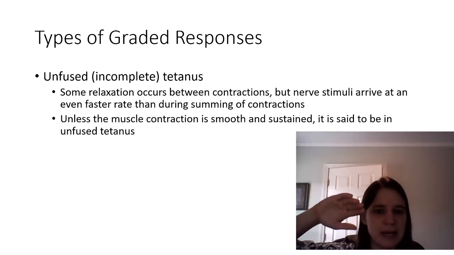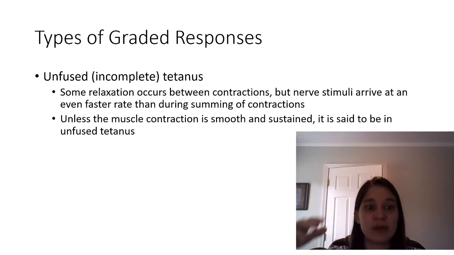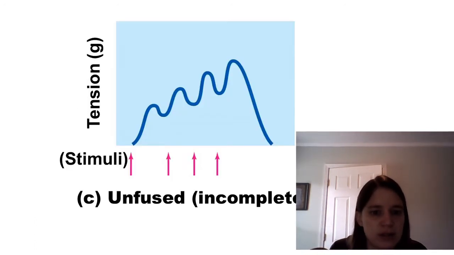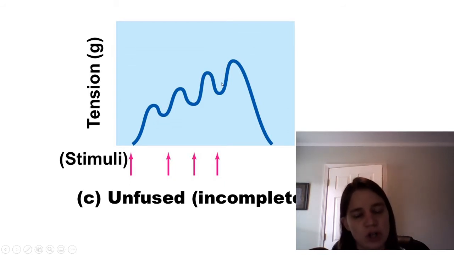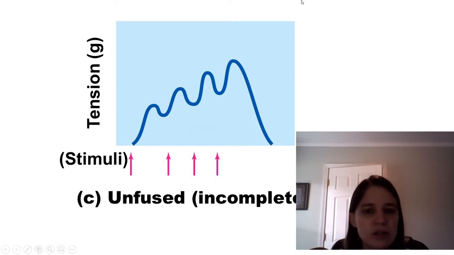They start to be greater than you'd expect otherwise, right? So here we've had a series of stimulating events. The motor neuron's been talking to the muscle, and the muscle now has this unfused tetanus, meaning it tries to relax between stimulations, but it's not getting there.